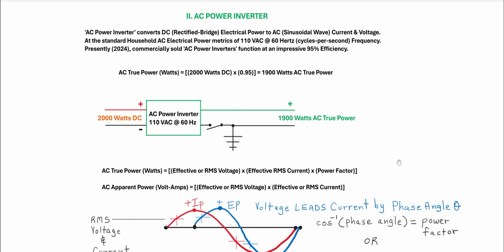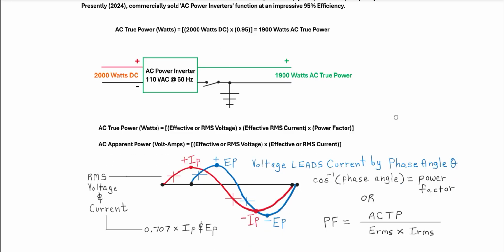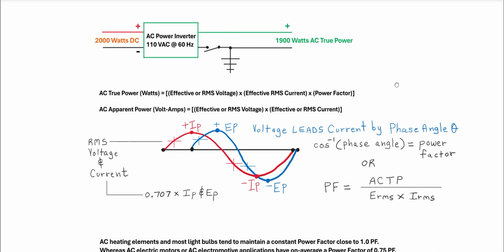And so when they're talking about effective versus peak values for voltage and current, they're talking about the sine wave. So assume the sine wave that regulates the current. We should have two sine waves in AC, one for the current and another for the voltage. The current's in red, the voltage is in blue.